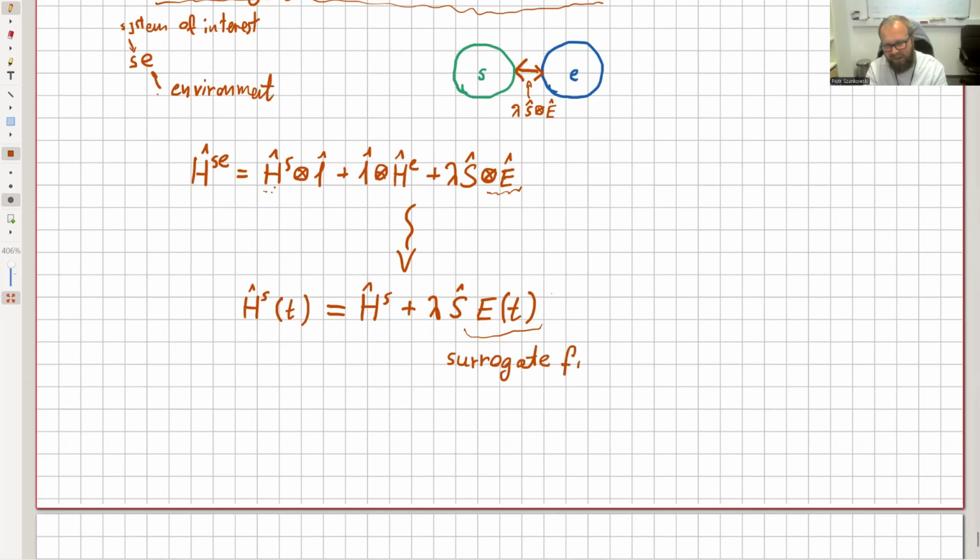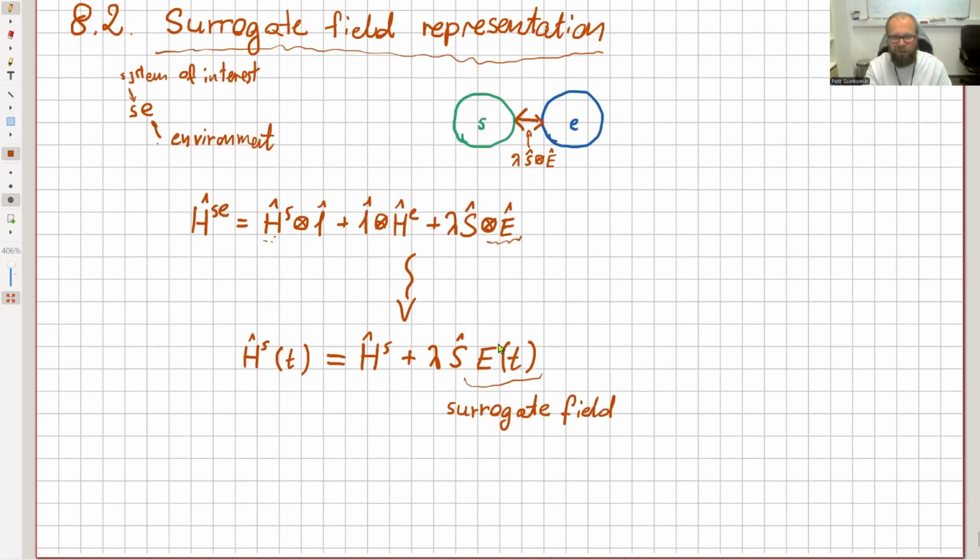Because it is a surrogate for the real quantum mechanical environment coupling operator, right? So surrogate field E represented by a stochastic process. So this is what we would like to do.